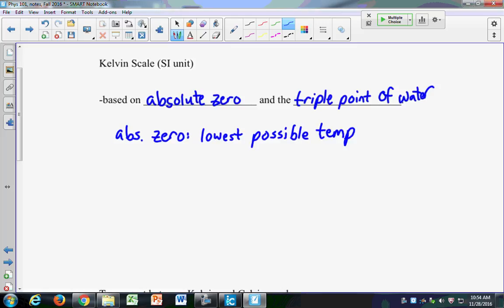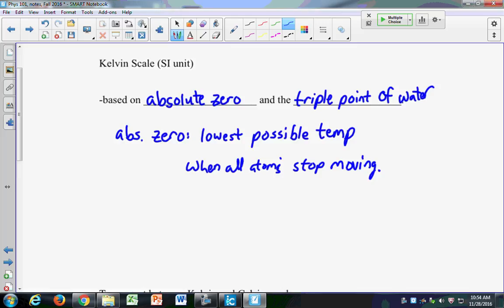It is the point when all atoms cease motion. They just stop moving. And so you can't really reach that temperature. It's sort of like a theoretical limit.